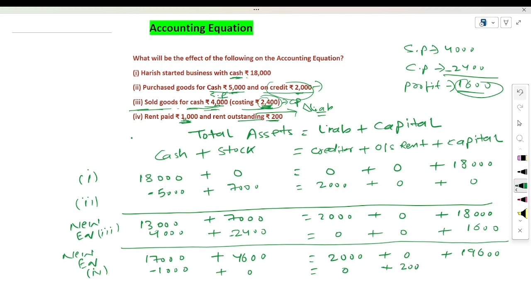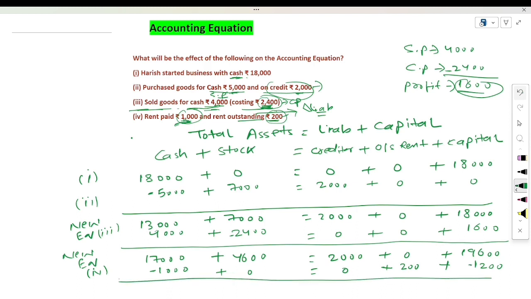How much amount? 200. Now you are paying in cash 1,000. It will reduce your capital by 1,000. Here liability is also created by 200. It means 200 more will be reduced from capital. It means your total reduction will be 1,200. This will be the minus.